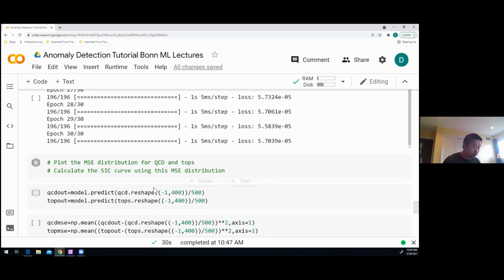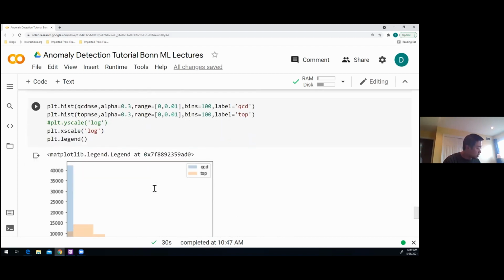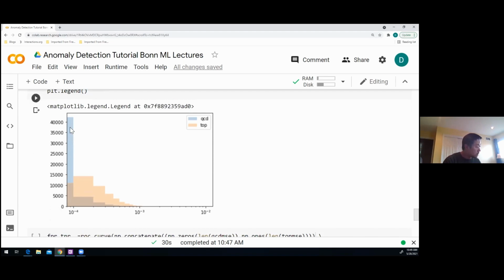I hope I have that plot loaded here. Okay, good. So this is what you find, like I promised. The QCD reconstruction error peaks at some small number, 10 to the minus 4 in these units. And the tops, on the other hand, peak at a higher value, right? Because the tops are different than the QCD jets it was trained on. Still pretty small, but still big enough to have an effect.